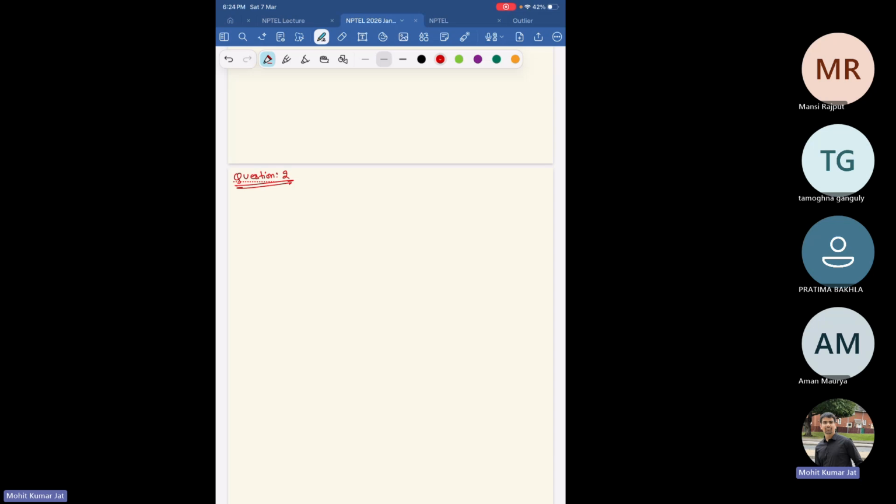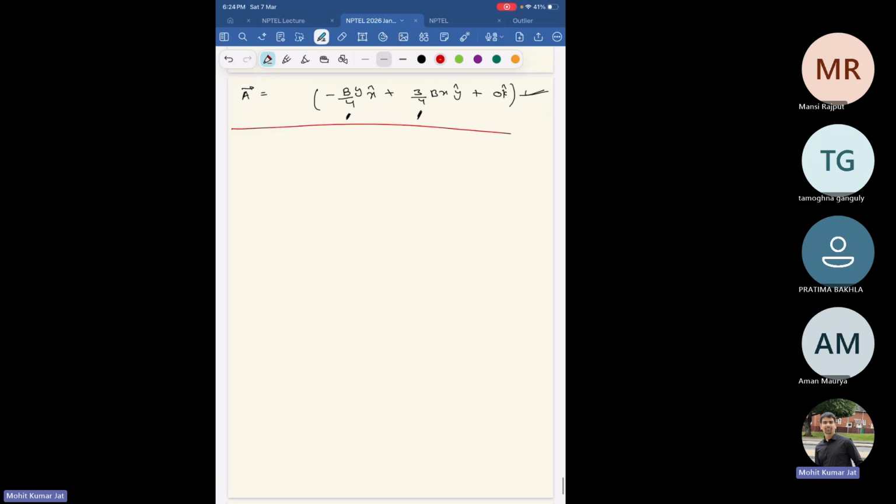No, that's not allowed, because now curl of A has to be B, right? Curl of A has to be B. For a given vector A, if you take curl, this will give you a unique magnetic field B. You can't have different magnetic fields for a given vector potential.